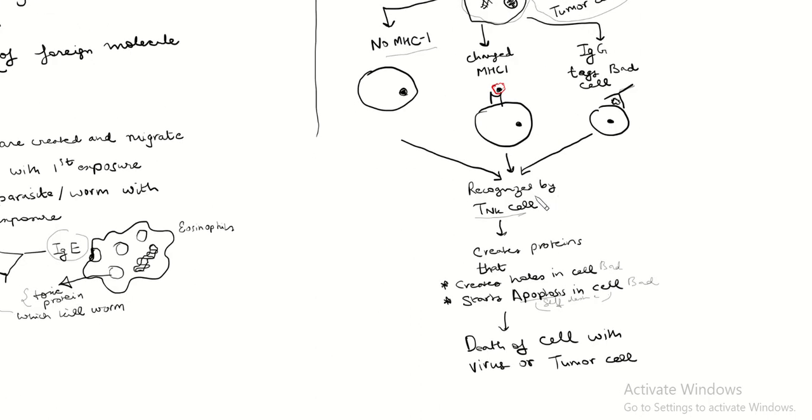If it is, it gets activated, creates a hole in the bad cell, or also starts the process of apoptosis, which is self-destruction of the cell, both of which lead to the destruction of the cell with viruses or a tumor cell.